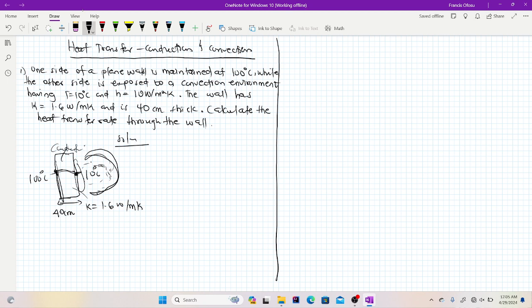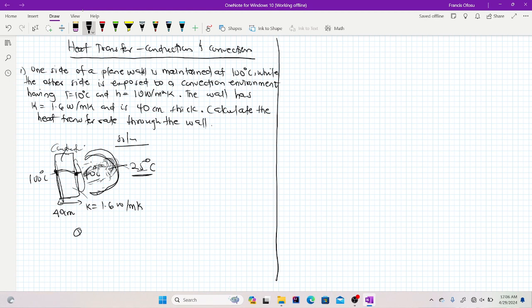Now, we know that there is ambient fluid here, or let's say atmosphere, a convection environment. With a convection environment, we can assume that the temperature is at ambient condition, so 25 degrees Celsius. This 25 degrees Celsius is actually going to lose heat to this surface at 10 degrees Celsius because this has higher temperature than this.